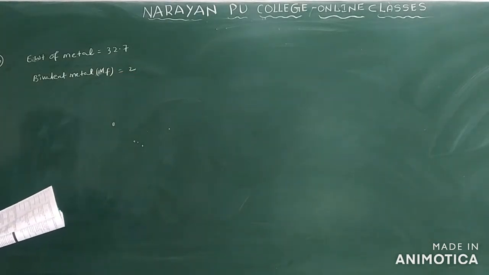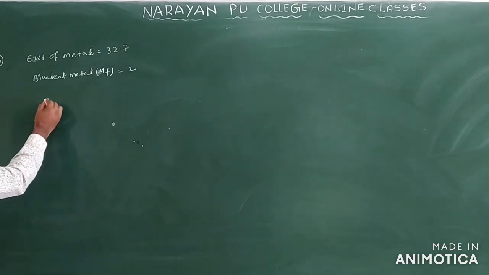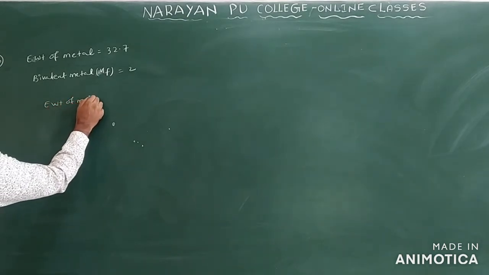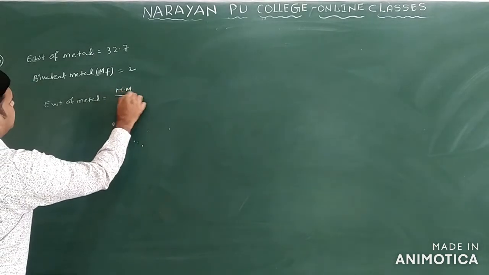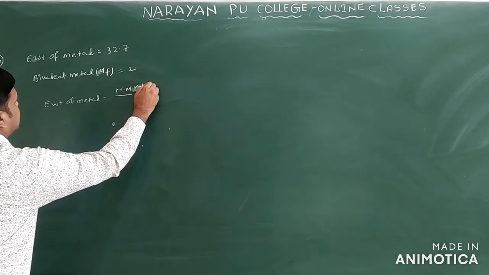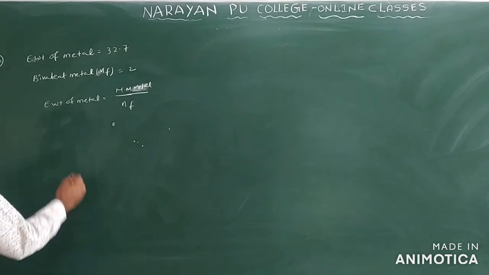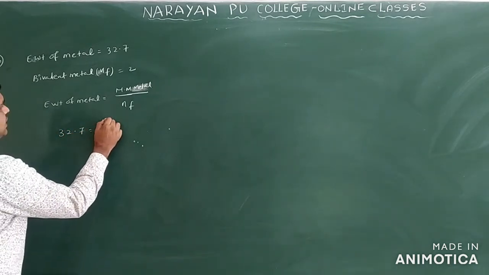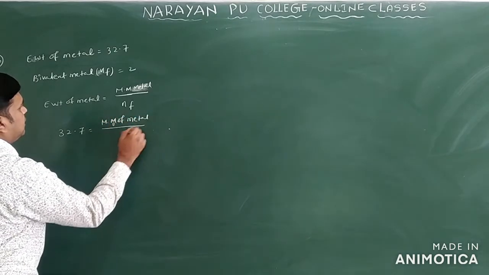They are asking the molecular formula of its chloride. Before that, you can find out the weight of the metal. So equivalent weight of metal is equal to molecular mass of metal by n factor. So equivalent weight of metal we have 32.7, that is equal to molecular mass of metal by 2.